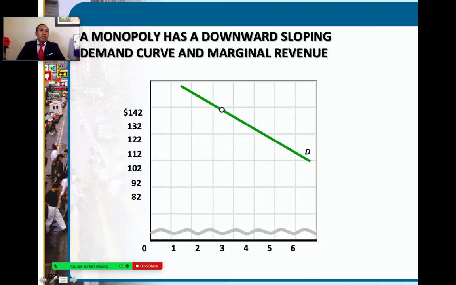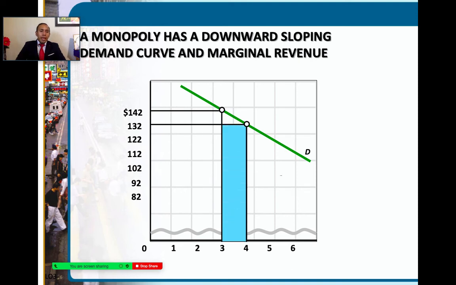So suppose we have, in this case, a monopoly that has a downward sloping demand curve. In our first scenario, if the firm were to charge $142 for a small diamond, the firm will charge 142 times 3 units produced.